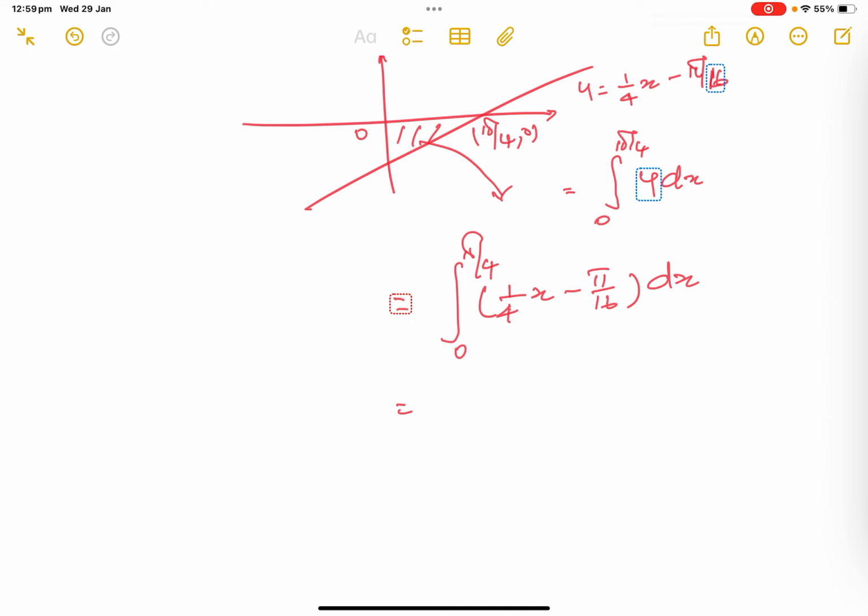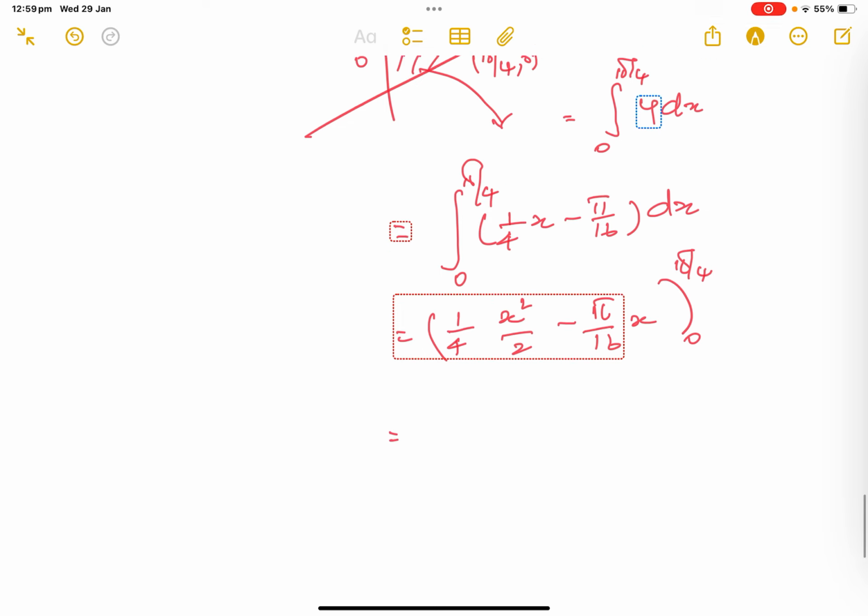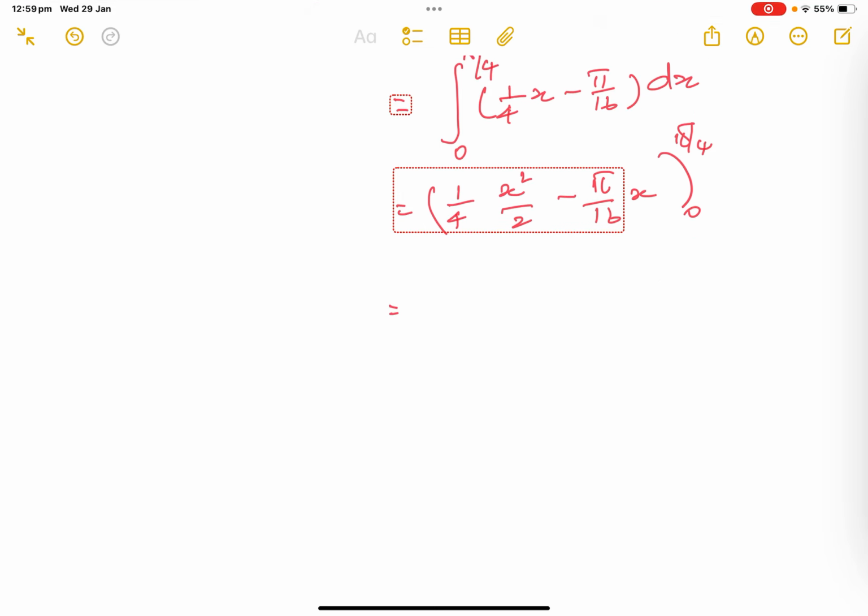Integration of quarter x is 1 over 4 times x squared over 2, minus pi by 16 integrates to pi by 16 x, with limits pi by 4 and 0. If you substitute pi by 4, pi by 4 squared is pi squared by 16. Here we have 8, so in other words, pi squared by 128.